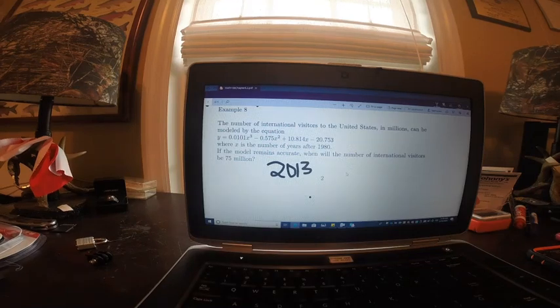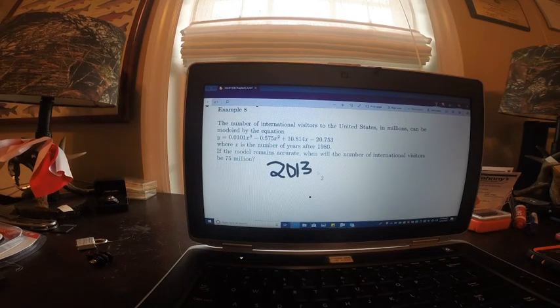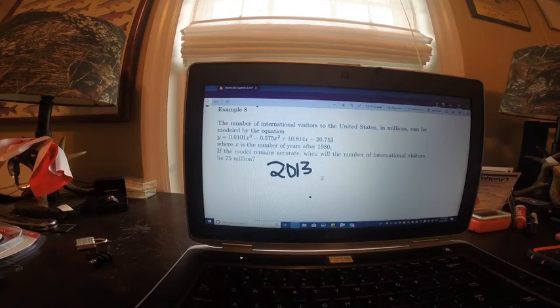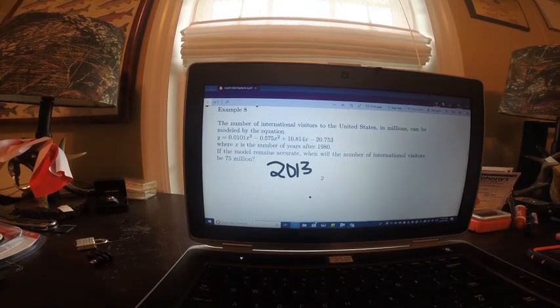And sometimes it will tell you to round up. If it ever tells you to round up, what you're going to want to do is round it up to 2014. But the instructions will say if it wants you to round up or round appropriately. Here we rounded appropriately because the number we were looking at told us to round down. But sometimes it will ask you to round up.